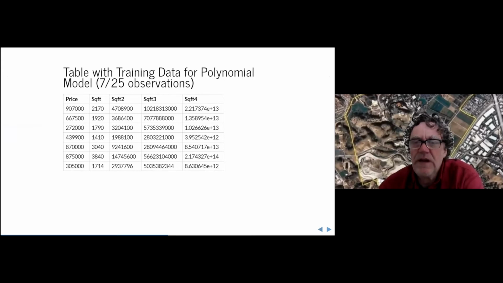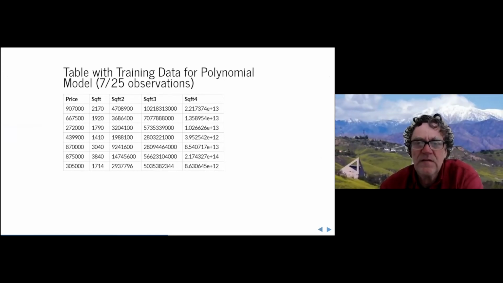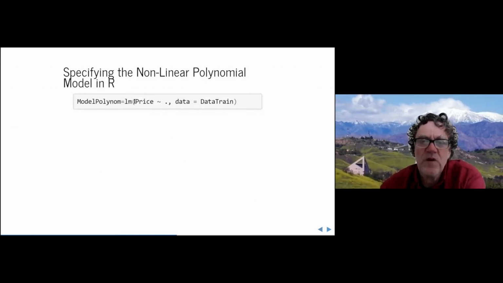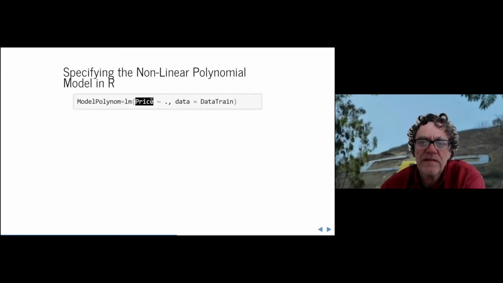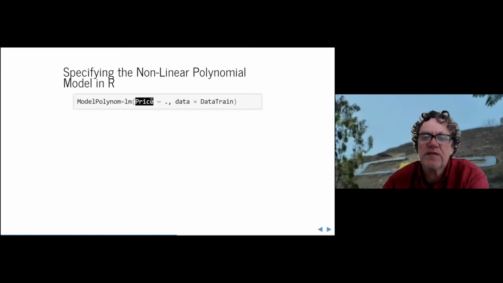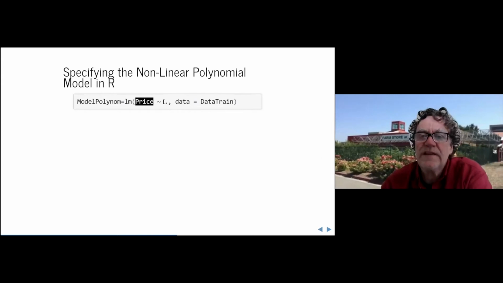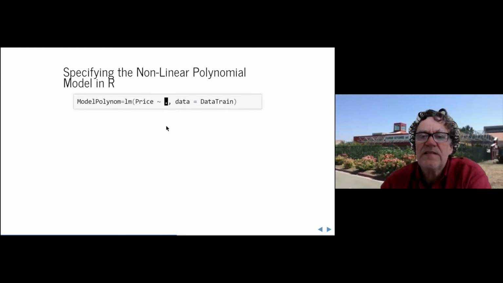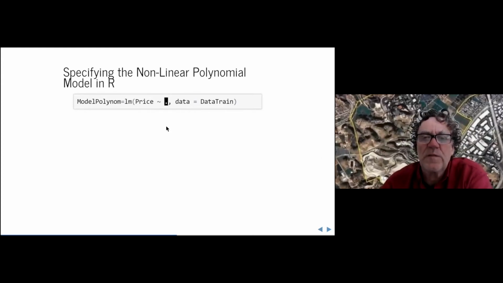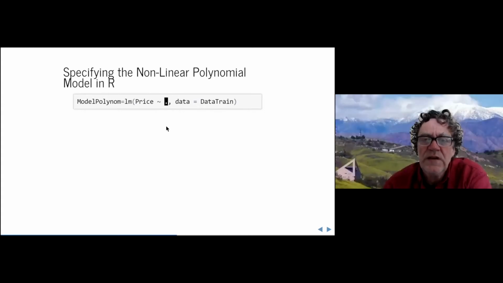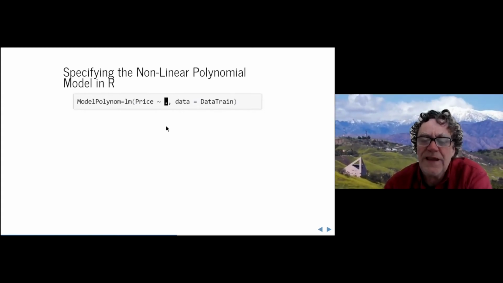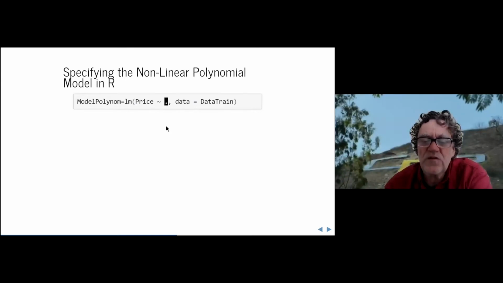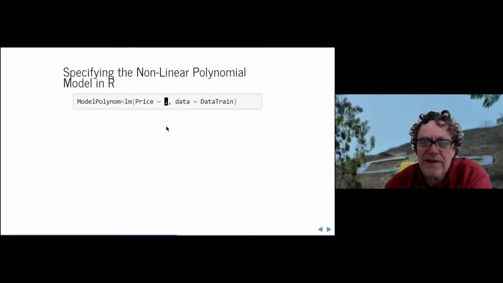So I run my regression again. Here it is, my LM command. Price is the dependent variable, the response variable. And now you would expect that I list here square feet 2, square feet 3, and so on and so on, all separated with plus signs, which is to be interpreted as an and, not as a plus.